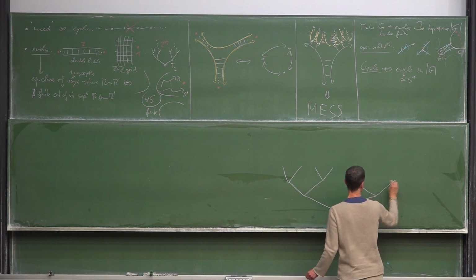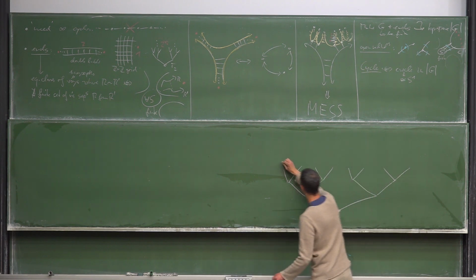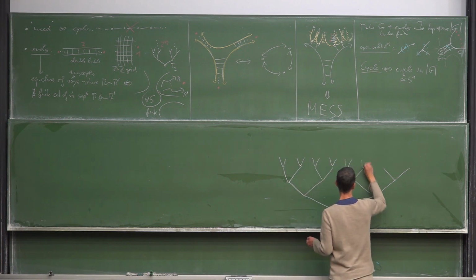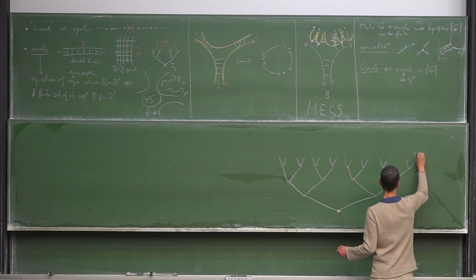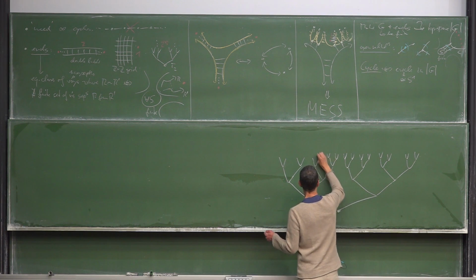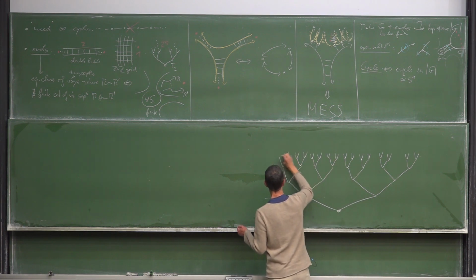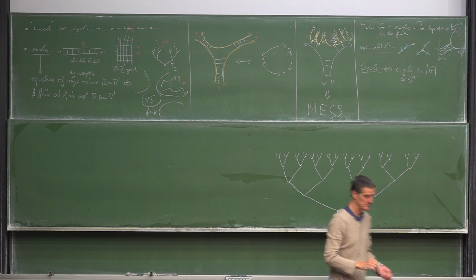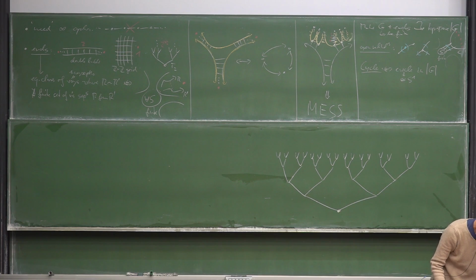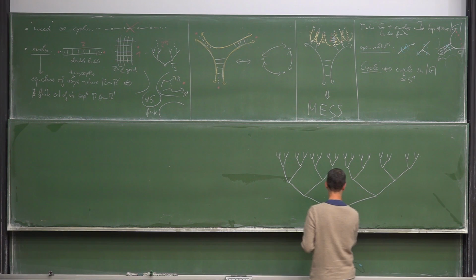So let's start with a binary tree. And then from every vertex in the binary tree, we go left, right, and right, left, and make those things adjacent. Can one see this?